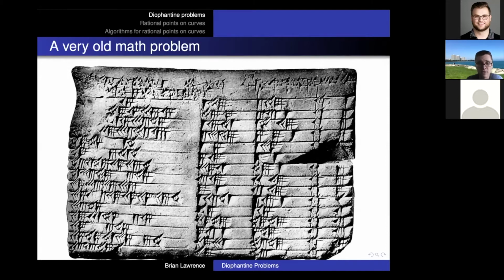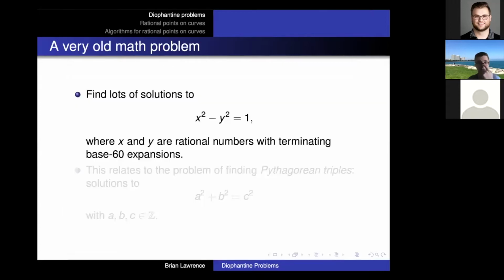And what is this? This is basically a table of numbers. And these numbers are more or less Pythagorean triples. So they're solutions to the following problem. You're looking for rational numbers x and y such that x squared minus y squared equals 1, and such that x and y have terminating expansions. Back in the day, they didn't use base 10, they used base 60, so x and y have to have terminating base 60 expansions.